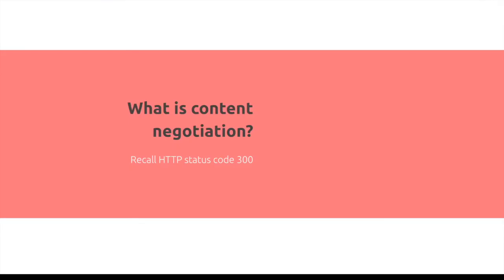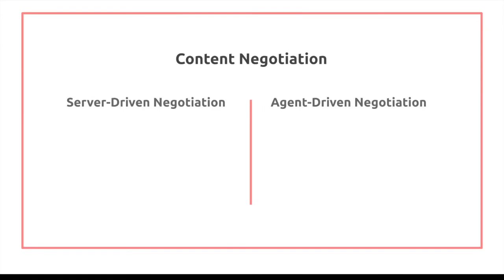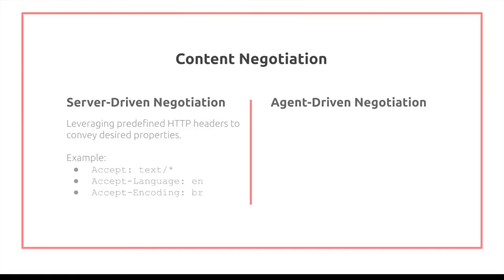So now what did I refer to as content negotiation? Recall that we learned about HTTP status code 300 before. Content negotiation is the mechanism applied for serving different representations of a resource at a given URL, so the user agent can specify what's best for them. So for example, language. There are two types: server-driven negotiation, where we leverage predefined HTTP headers to convey desired properties. Then the server just decides what's best.